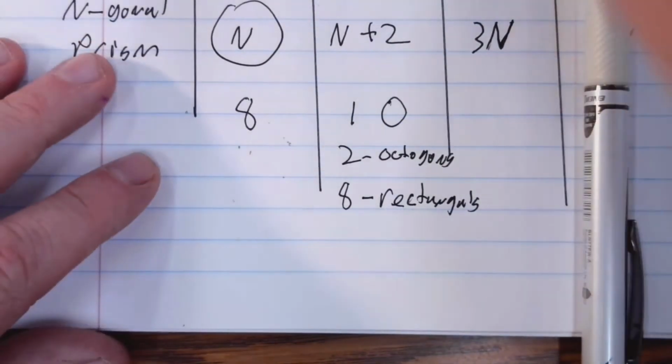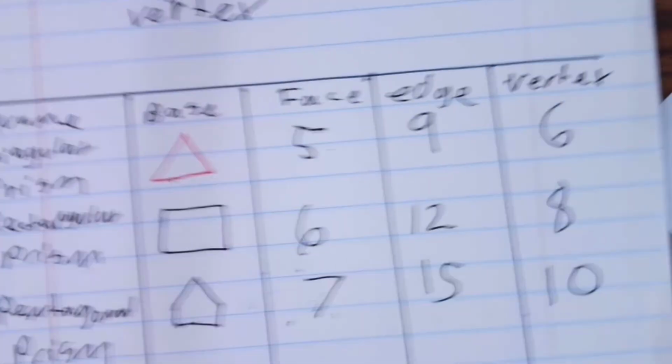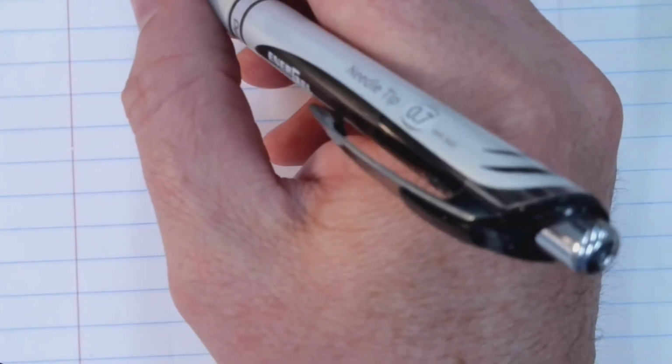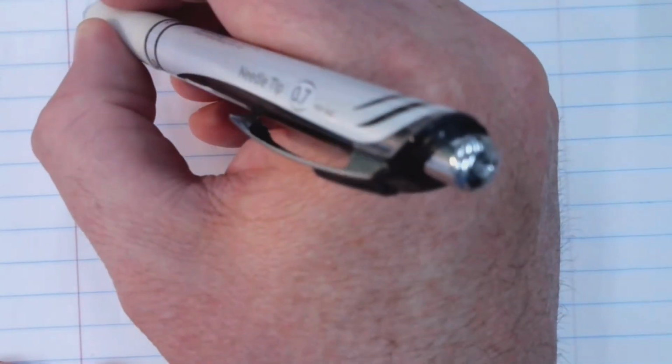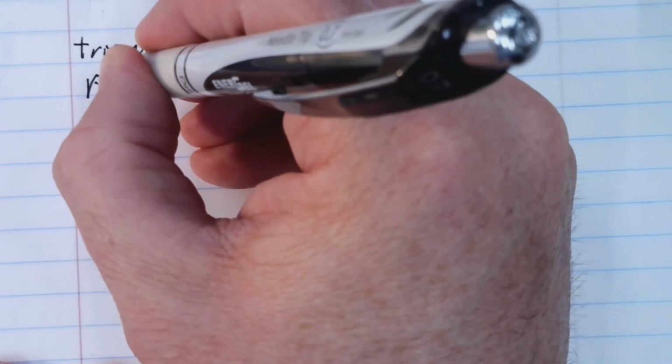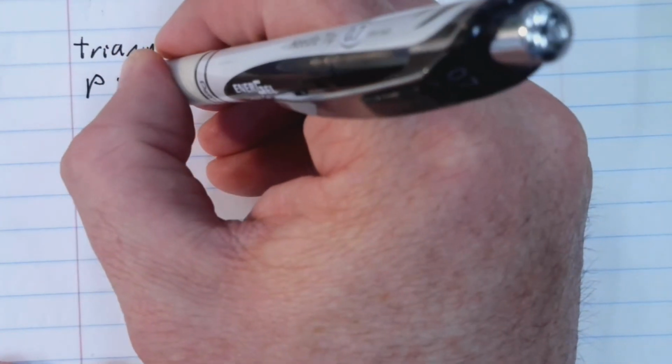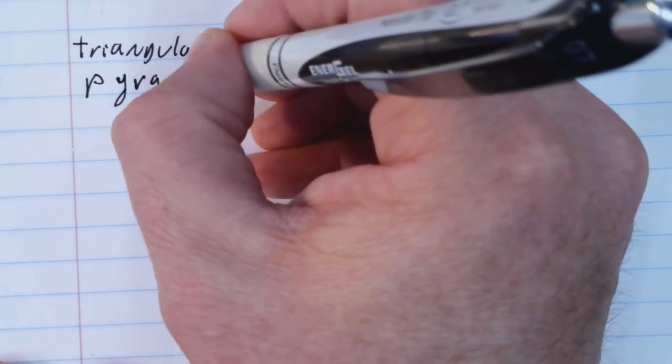All right, and we're going to move on to the other main three-dimensional shape that we'll deal with. Okay, the other main one we're going to deal with is the pyramid. And so we're going to do the same kind of thing. We're going to start with a triangular pyramid, and we're going to do the exact same thing so we can figure out how they're built.